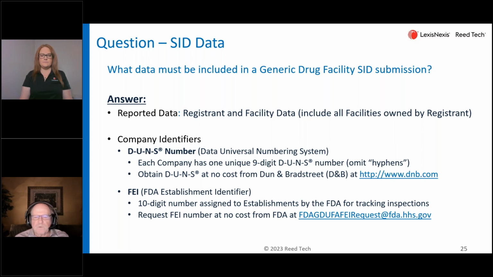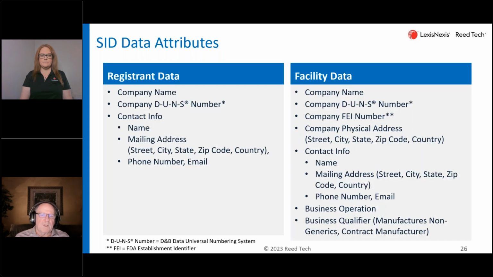So let's take a look at those particular lists of data sets. On the left, we see a number of fields that are collected for the registrant: company name, and a DUNS number that we talked about. This is the DUNS number for typically the headquarters of that company, and then the contact information for servicing any questions about the registrant.